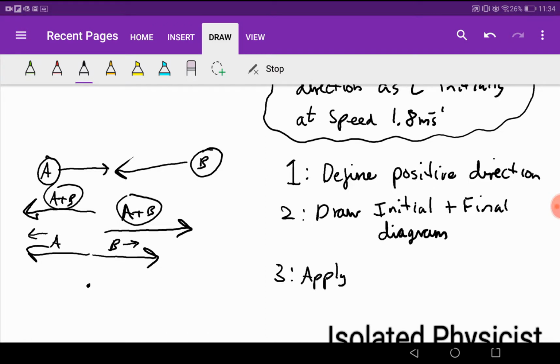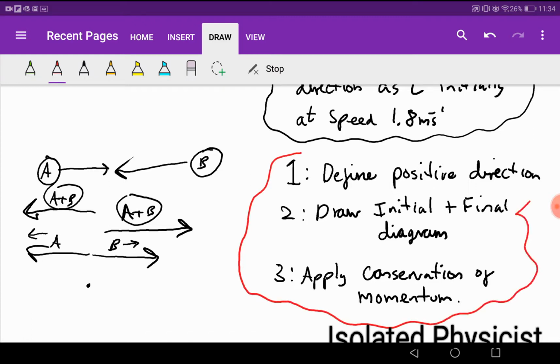Only at the end do that. Don't try doing it before you've done the other two because you get questions wrong. Right, and that's important, so it's going in a red bubble. There you go. So one, define positive direction. Two, draw your initial and final diagrams. And three, apply conservation of momentum.